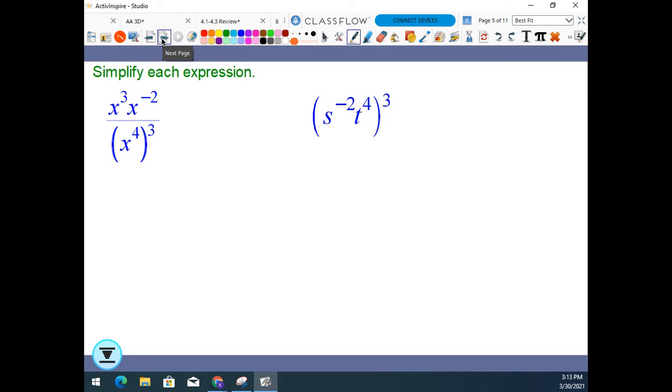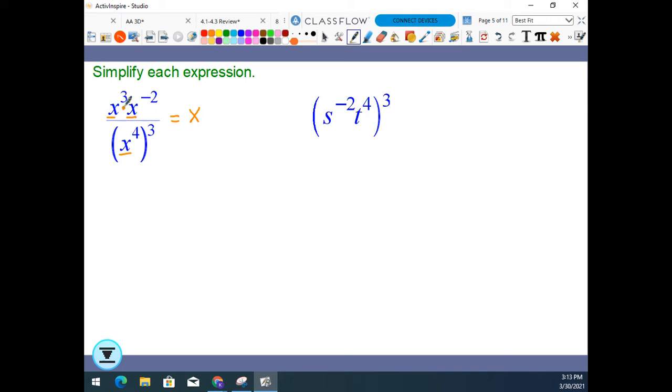All right, so when we are simplifying expressions, we cannot leave bases that are the same. We have to combine all bases that are the same. So what's going on with the bases in the numerator? We are multiplying bases in the numerator, so I can condense it into one base of x.